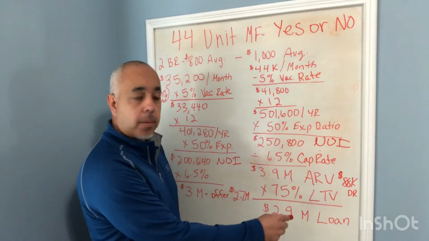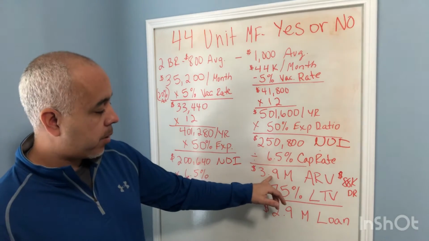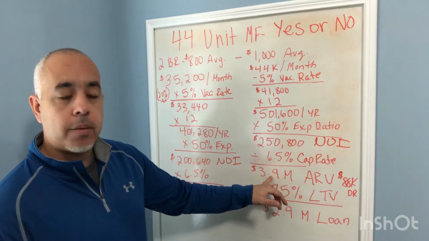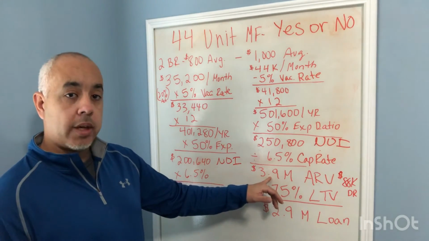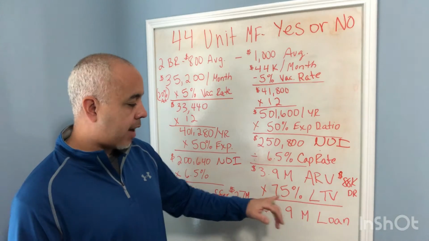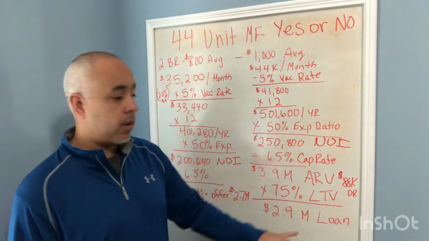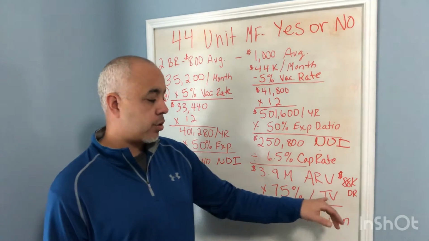So what you want to do is reverse engineer the numbers back to an offer price. If we put a business plan up and conduct it and we get a $3.9 million appraisal a year down the road, your average loan is usually 75% LTV, loan to value.